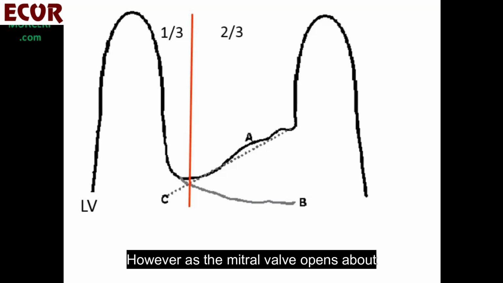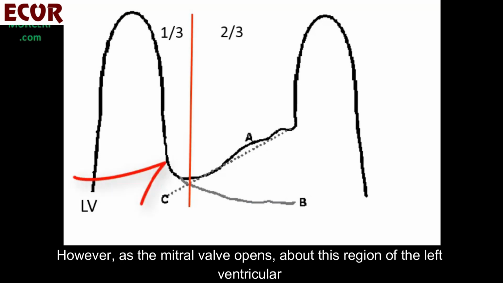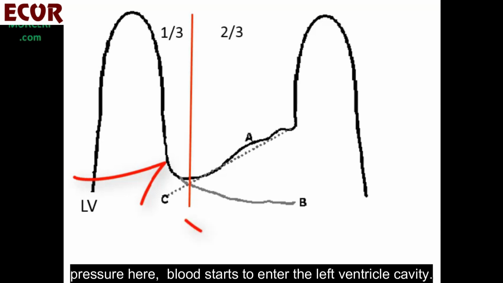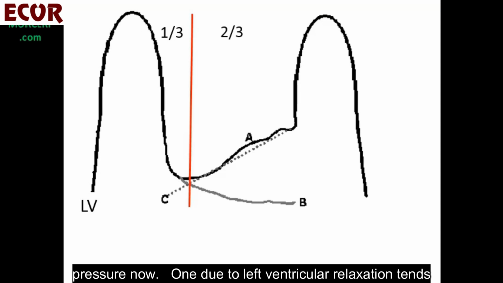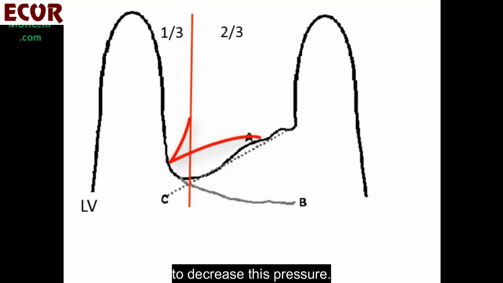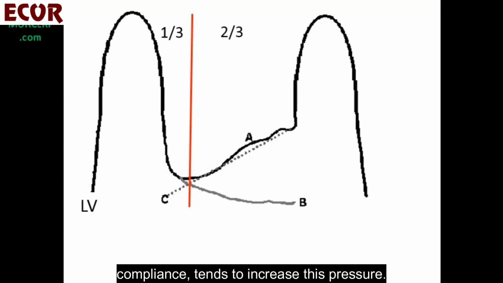However, as the mitral valve opens about at this region of the left ventricular pressure here, blood starts to enter the left ventricular cavity, and two pressure curves are affecting the final left ventricular pressure now. One, due to left ventricular relaxation, tends to decrease this pressure, and the other, due to left ventricular compliance, tends to increase this pressure.